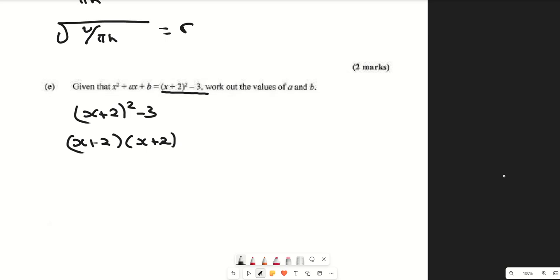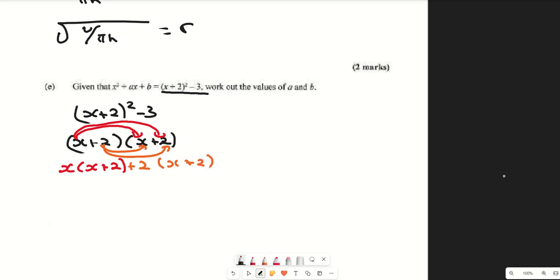We'll forget about the 3 for now, right? We'll bring it back after, right? So when you have this, you're going to multiply the first term by everything in the bracket. So that'll be x by x plus 2. And the next is plus 2 by x plus 2.